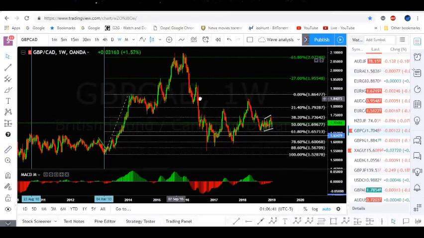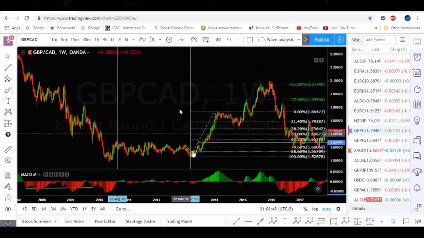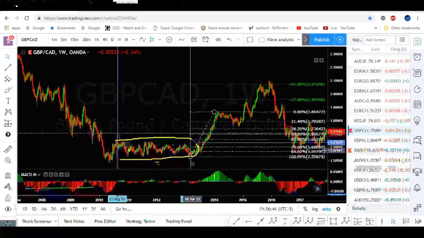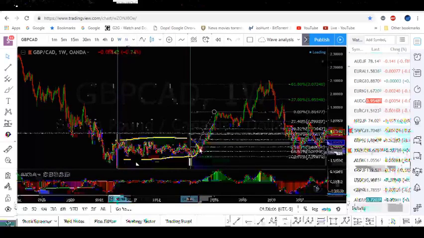So if I have to ask you guys what was going on inside here, you'll be very, very, very confused, right? And these are one of those complex double threes, triple threes I was talking about in the beginning. But this is a weekly. If you go to a monthly, it would become very crystal clear what this actually was.